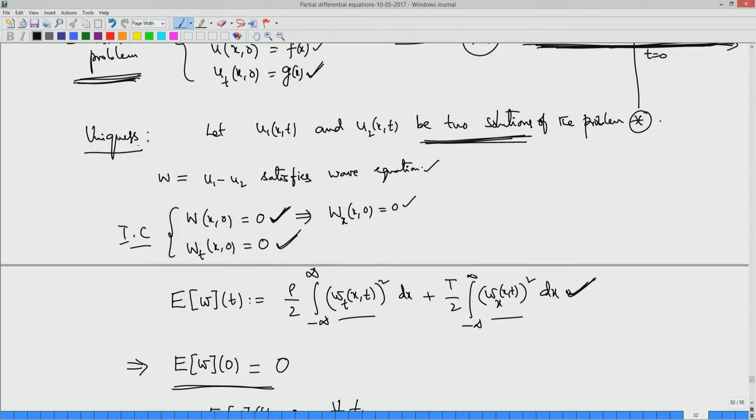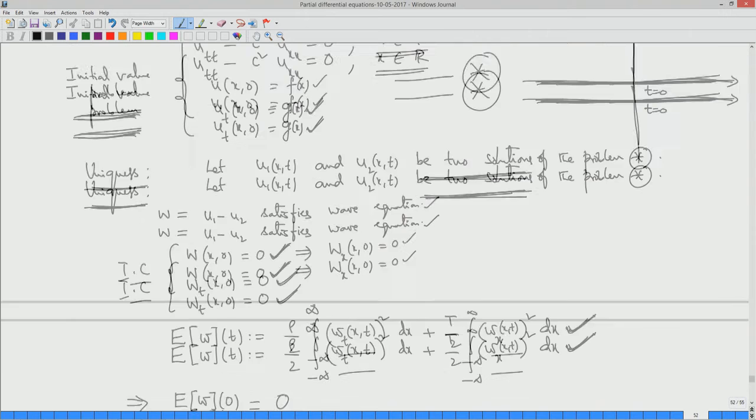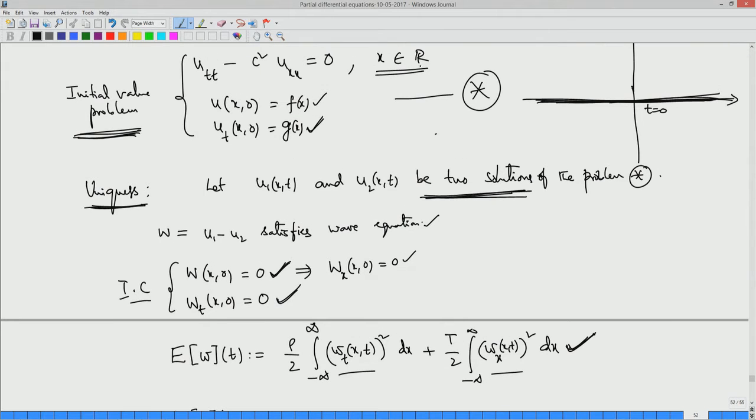To show the uniqueness, you assume that u1 and u2 are two solutions of the problem. Now, you consider simply x belongs to 0 to infinity, and you give the boundary condition: u at (0,t) is 0 or ux at (0,t) equal to 0. So, either one of them, okay.